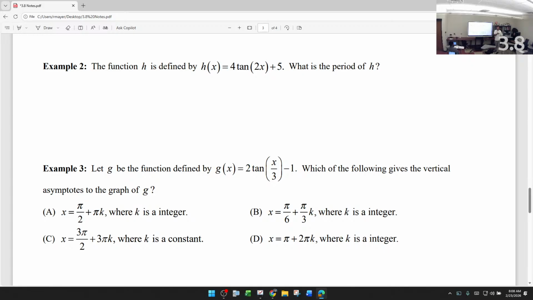On the parent function, A is 1. You with me on that? On the regular tangent, A is 1 because there's no B. Well, B is 1, and C is 0, and D is 0. So A is 1.